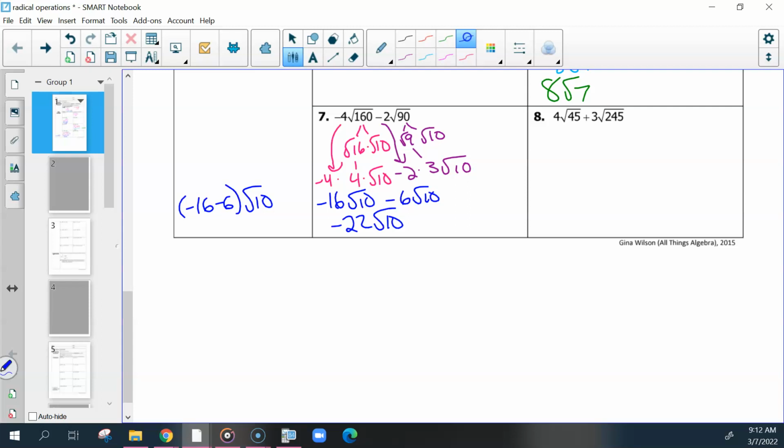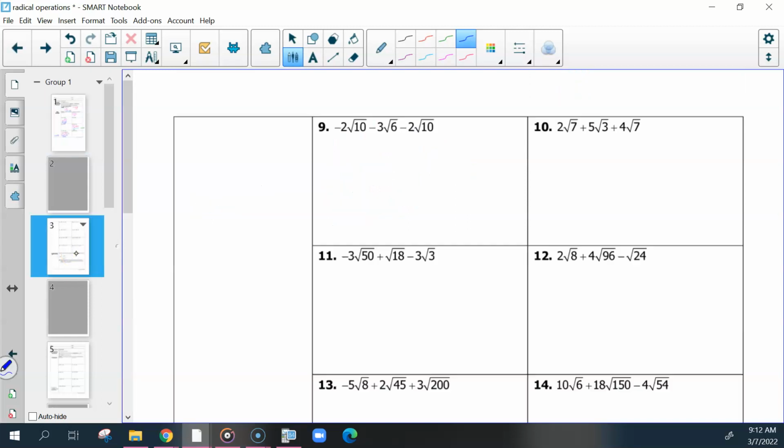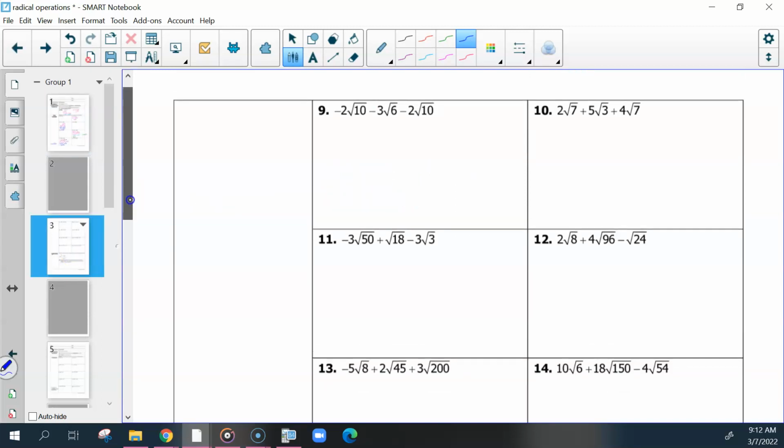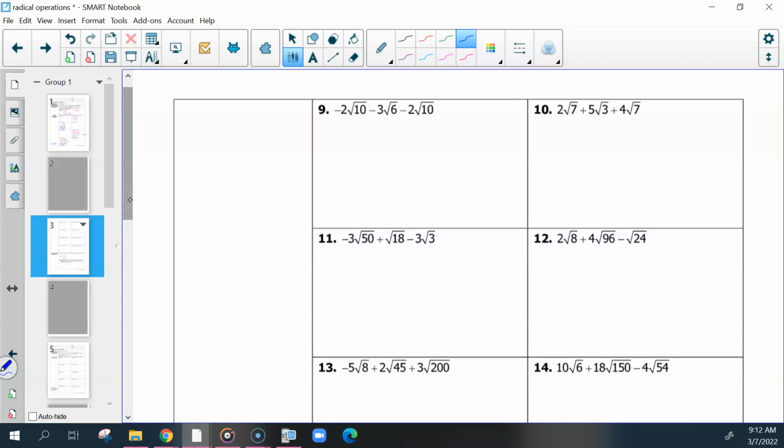Flip over to the next page. Now these are a little bit more challenging because we have three terms and we may be adding some, subtracting some, it just depends.